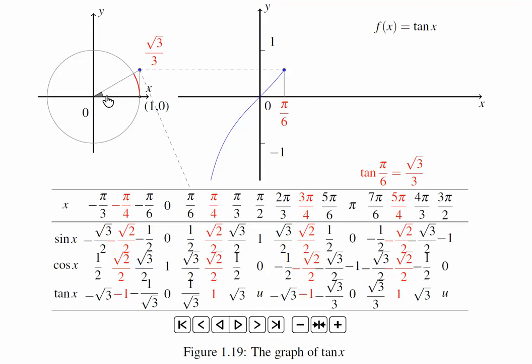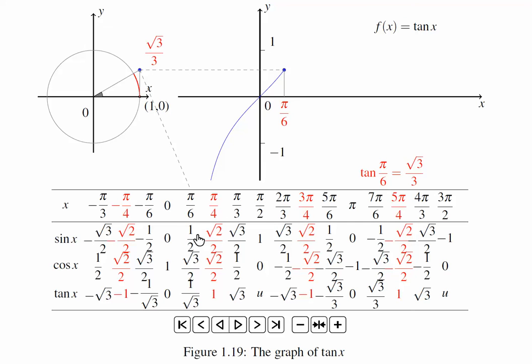So when this angle is 30 degrees or pi over 6 radians, the length of the arc is pi over 6, which equals the line segment from 0 to pi over 6. Then the value you have will be radical 3 over 3. So this height is radical 3 over 3.